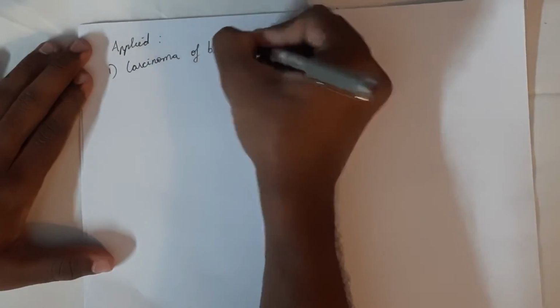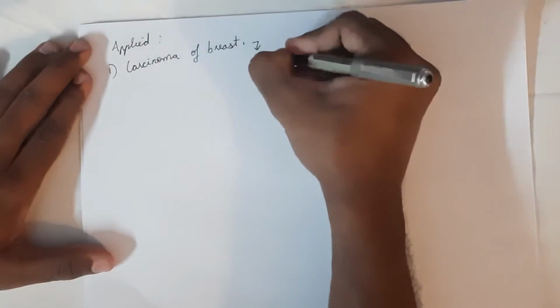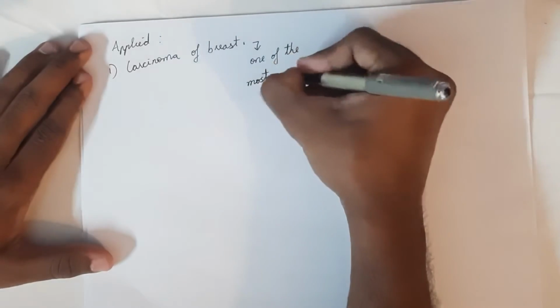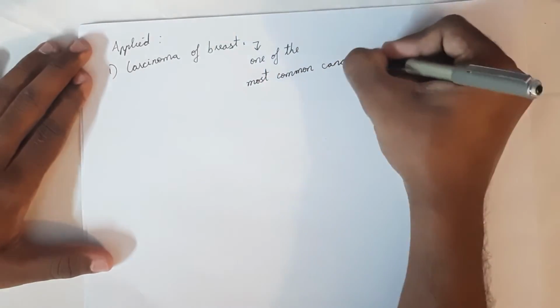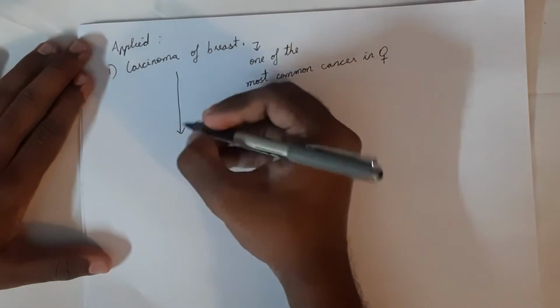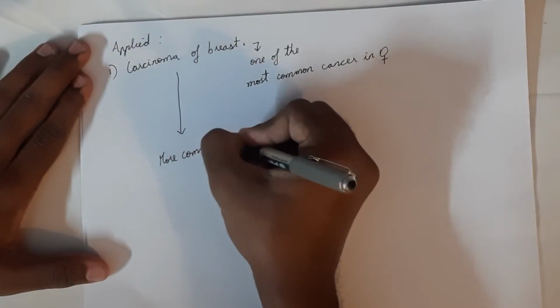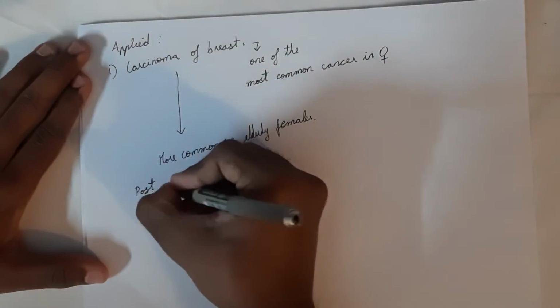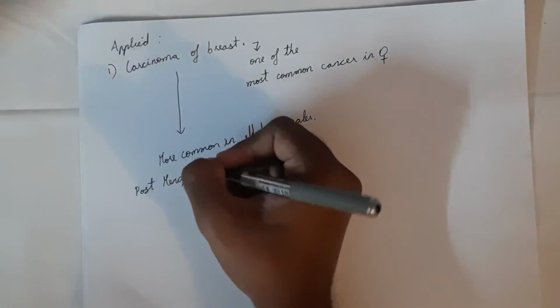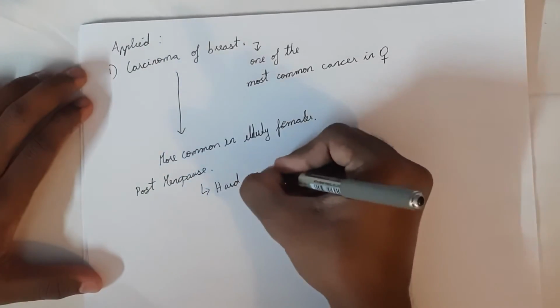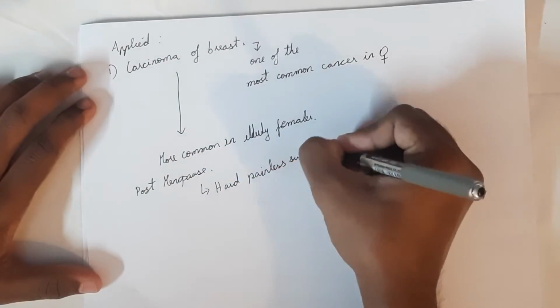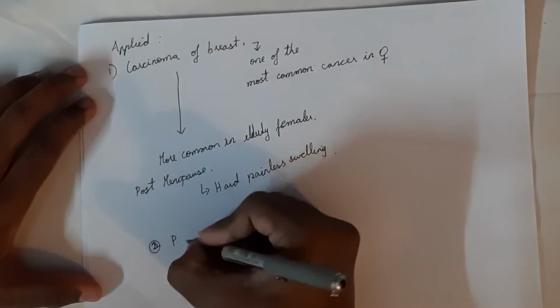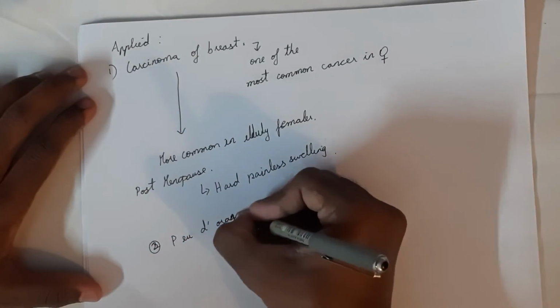And now moving on to the applied anatomy of the mammary gland. The first one is carcinoma of the breast. It is one of the most common cancers in females. It is more common in elderly females, post menopause. Hard, painless swellings are present in carcinoma of the breast. The second one is the peau d'orange appearance.